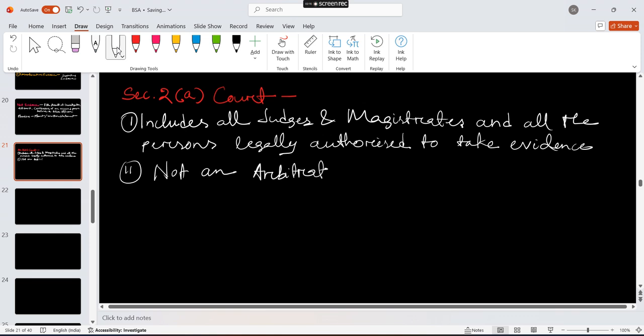So when you are going to explain the judicial proceeding, you can also add there the definition of court.